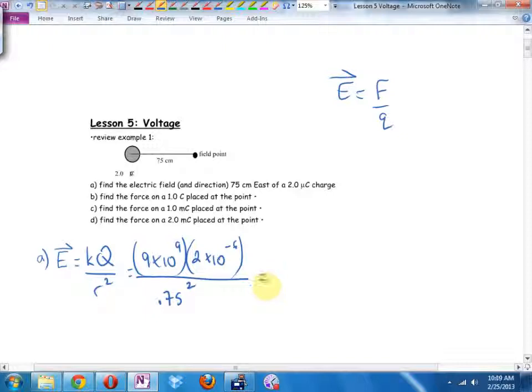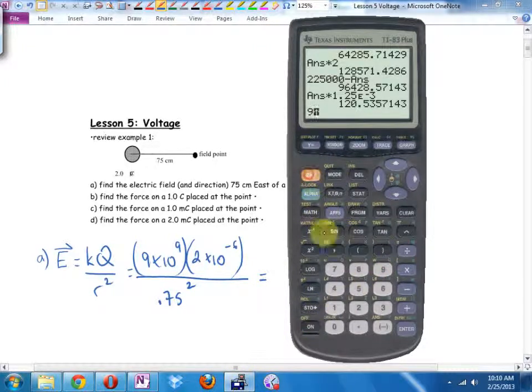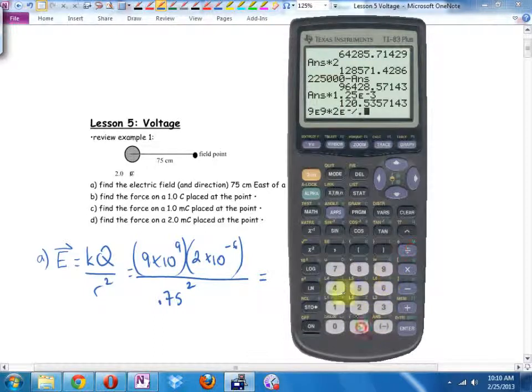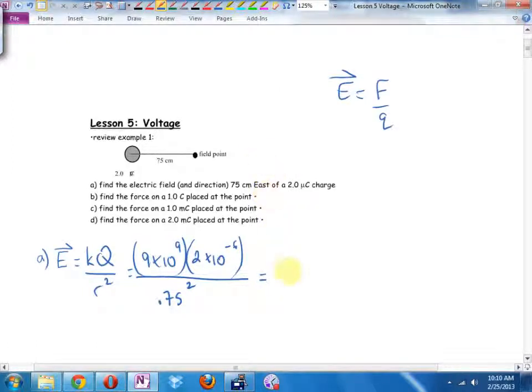How big is the electric field at that particular location? 32,000, I think, yes?